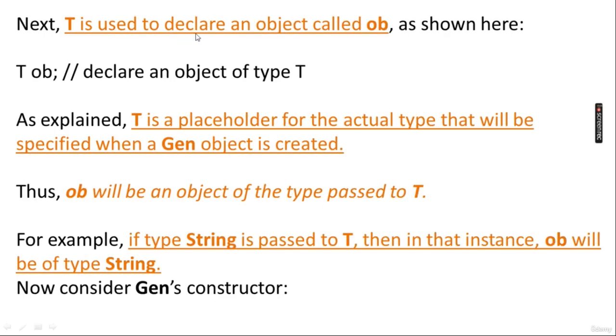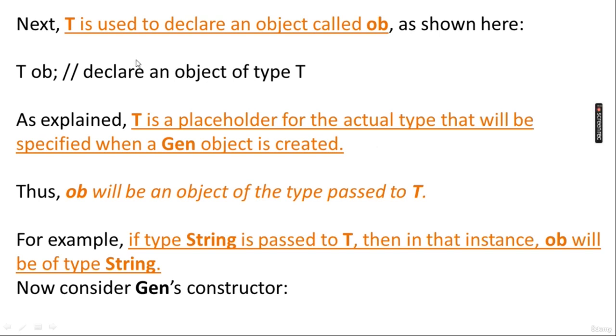Now, T is used to declare an object called ob as shown here. T ob declares an object of type T. As explained, T is a placeholder for the actual type that will be specified when a generic object is created.